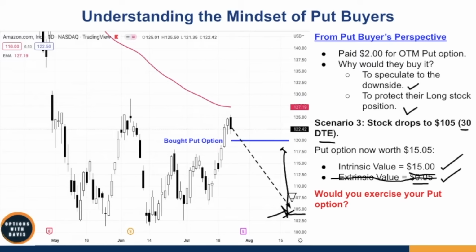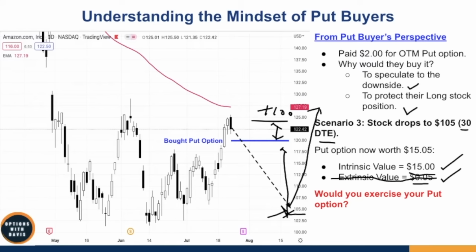All you're doing is waiting to see whether the stock will bounce back up before this option expires. And if the option is going to expire on the day itself, let's say it's the last day left, and you see that it's below your strike price, then of course you go ahead and exercise it to cut the maximum loss that you have at this strike price, where you went long 100 shares.